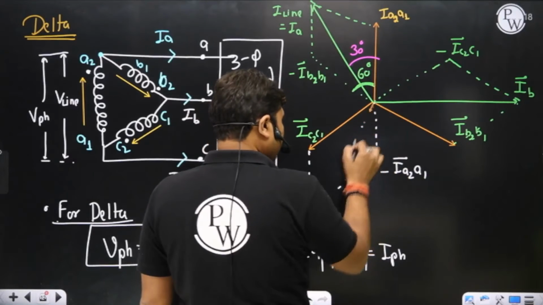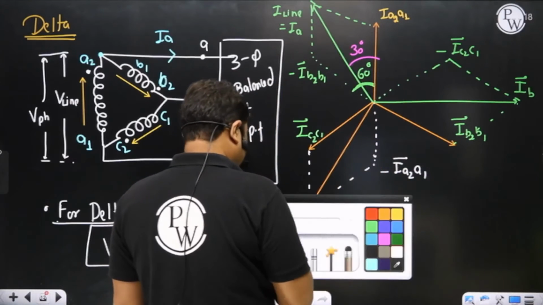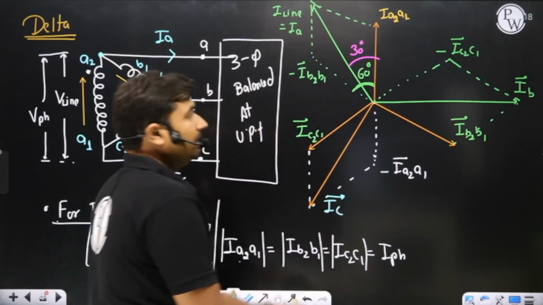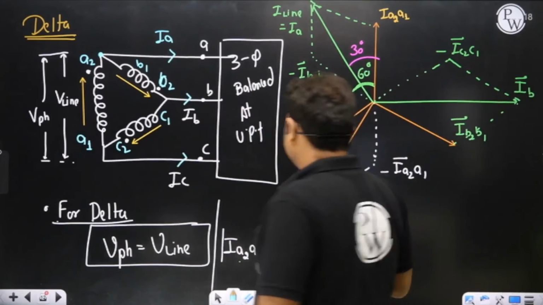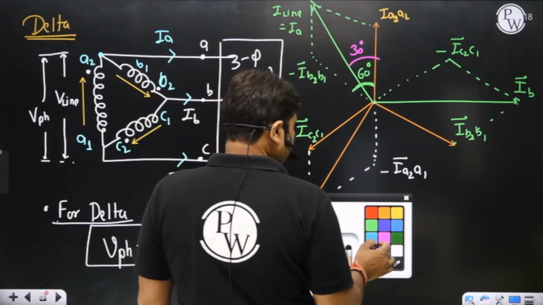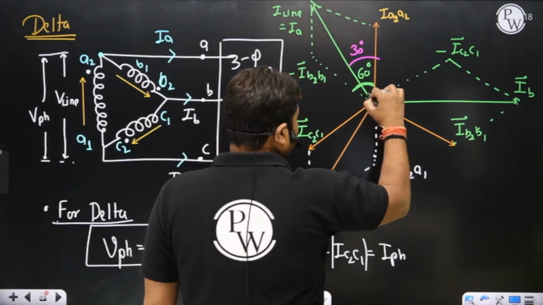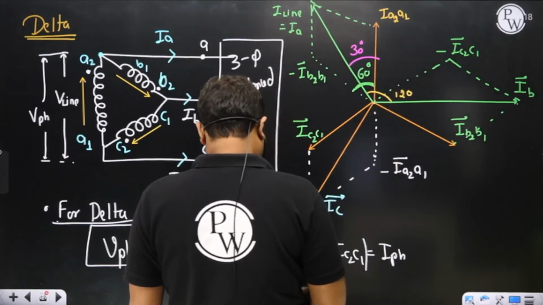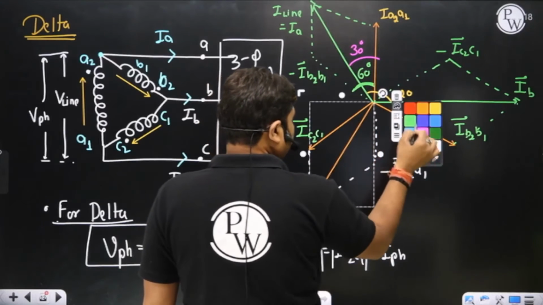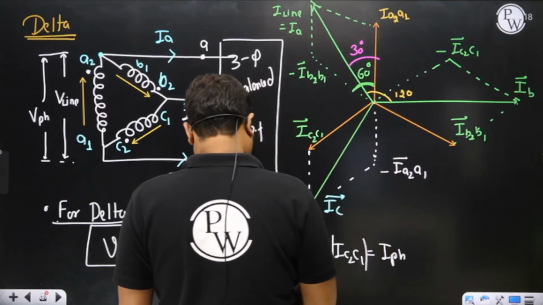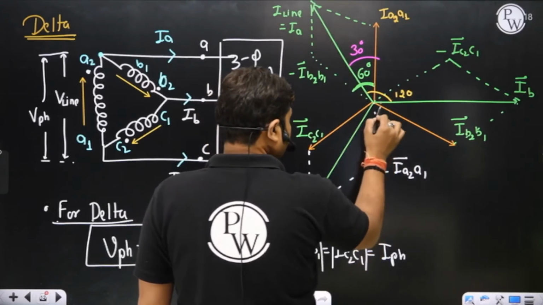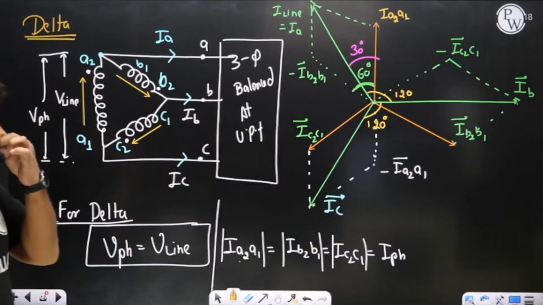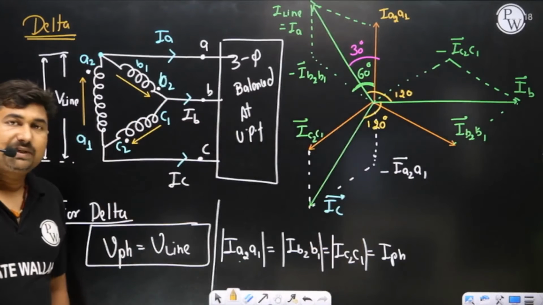So sir, now we know about the line voltage and line current in case of star and delta properly. What is the angle difference between the line to line? The angle difference between the line to line is again 120 degree. So the line voltages and line currents are also displaced by 120 degree.